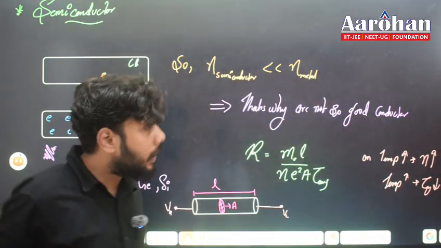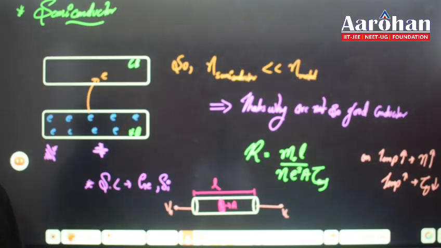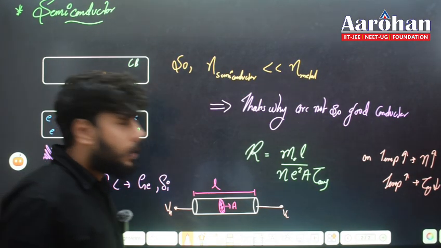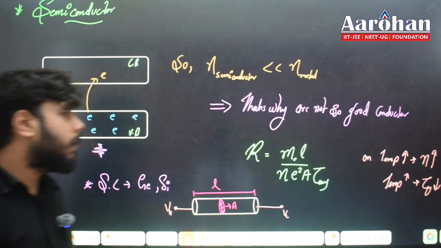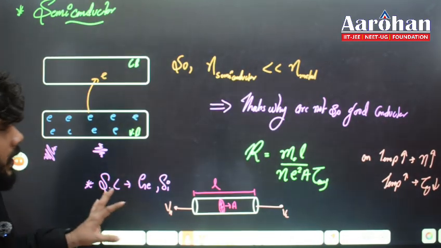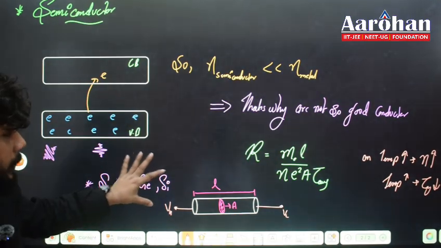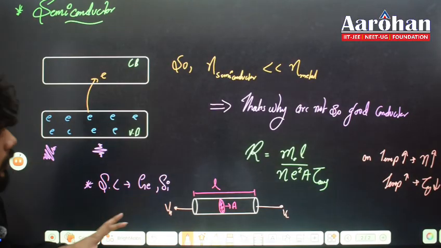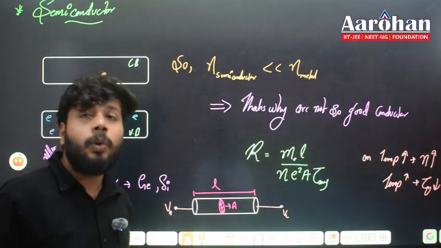So again, you can see one factor is trying to increase the resistance and one factor is trying to decrease the resistance. Again, we have to discuss which will be dominant here. The basic idea is we did some experiments and found that if you increase the temperature of the semiconductor, it becomes more conductive.